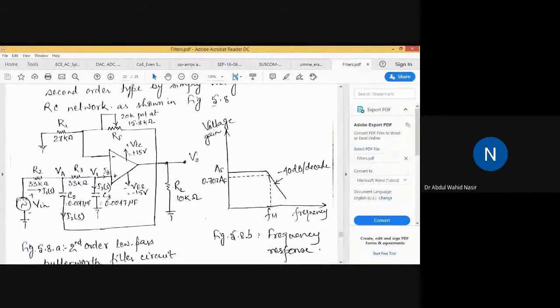Even a series RL circuit is first order, and a series RLC circuit is second order, if the same circuit has all the components R, L, and C. Here we have a network with a combination of R and C, so first order. This element will again add to the order of the filter, and it will give the second order filter.